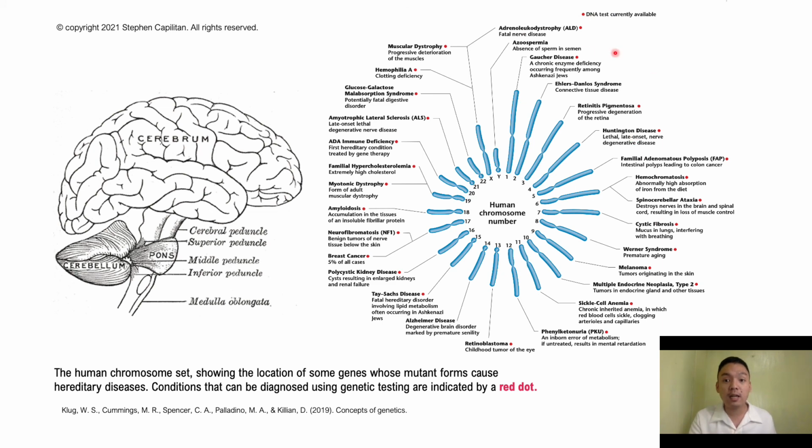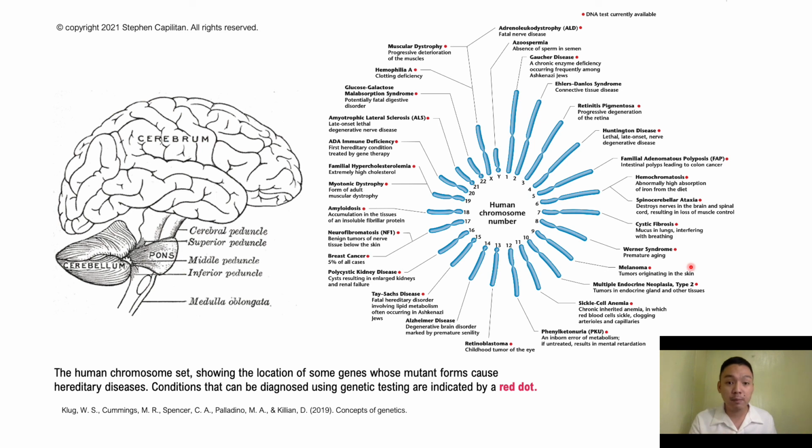Most of the diseases found on every human chromosome already have DNA tests currently available, and this is also being used in the Philippines. We do newborn screening using a blood sample from the newly born infant, and we can screen them for diseases like phenylketonuria and many more.